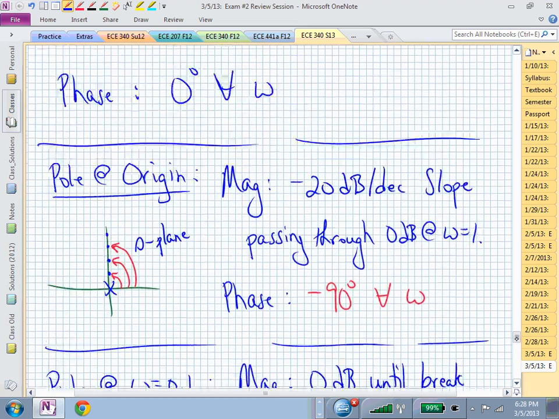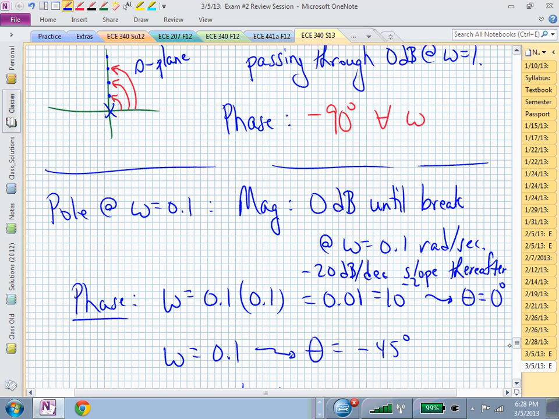Then I ask where my first frequency of interest is, and that's 10 to the minus 2, or 0.01. So now I need my frequency axis at least between 10 to the minus 2 and 10 to the 2, or a 4-cycle logarithmic plot.